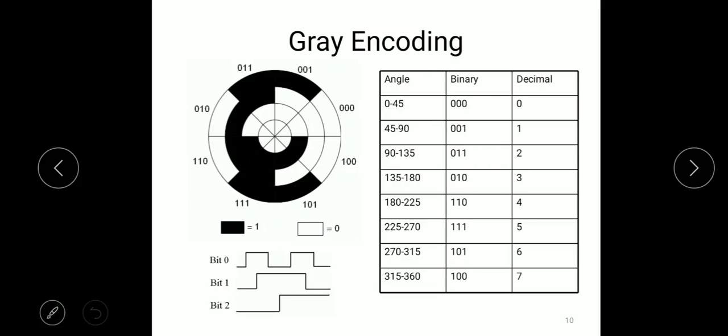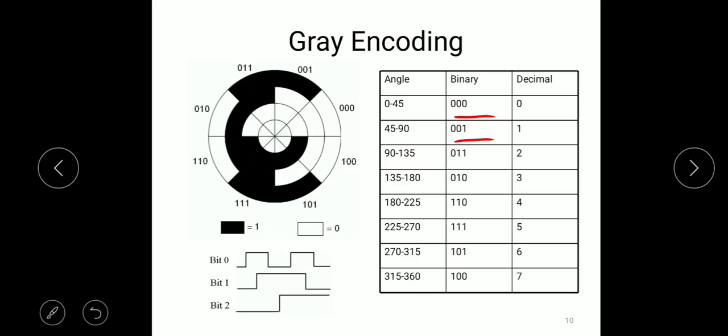Here, if you see the binary values of the gray code, each code has only one bit change compared to the previous one. If you take 000, the next has only one bit change, 001. Compared to 001, there is a further one bit change, 011.